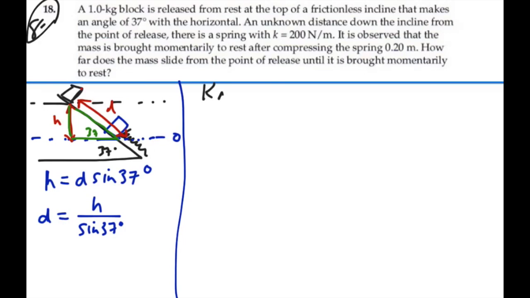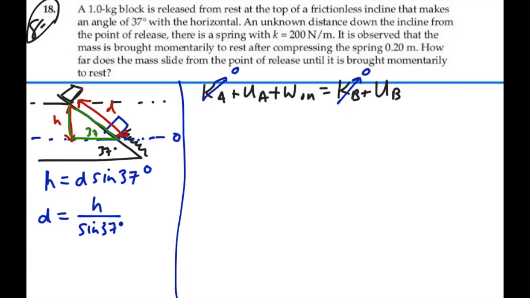Alright, let's employ the one equation to rule them all. We have the kinetic energy at A plus potential energy at A plus any work done along the way equals kinetic energy at B plus potential energy at B. Here we have no kinetic energy at A because it started from rest, and no kinetic energy at B because it's going to end up at rest.